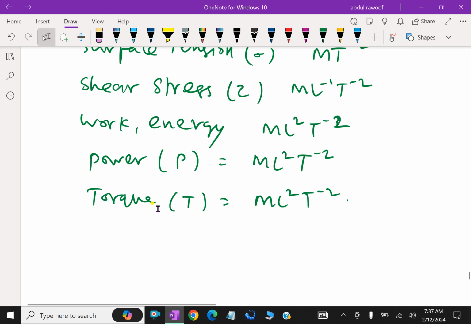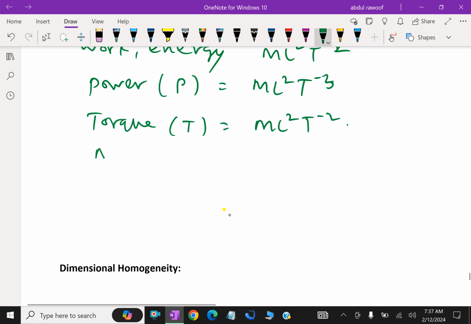Power is M L square T power minus 3 here. Then torque T equals M L square T power minus 2, and momentum equals M L T power minus 1.